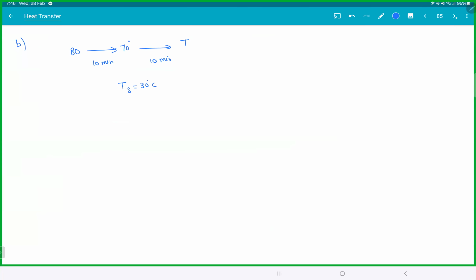Temperature of the surrounding is 30 degrees. Now I'm asking in reverse. Use the average method. 80 to 70 took 10 minutes. If I give another 10 minutes, what will the temperature be? It won't be 60, right? It should be more than 60.